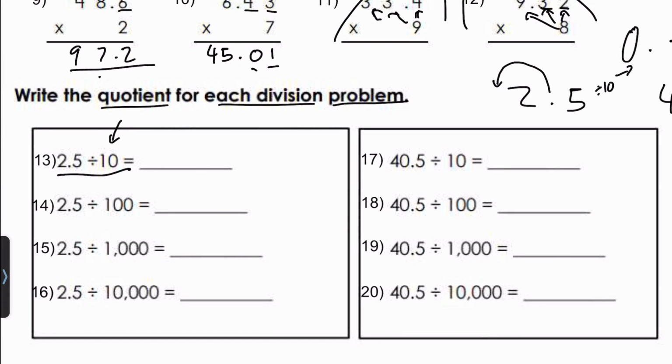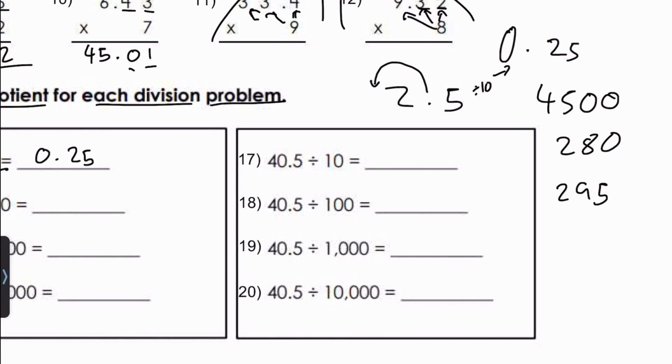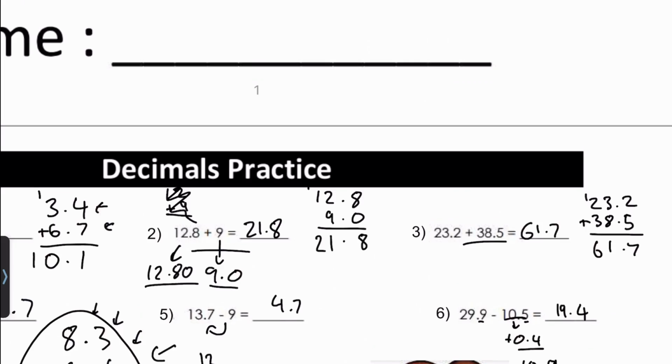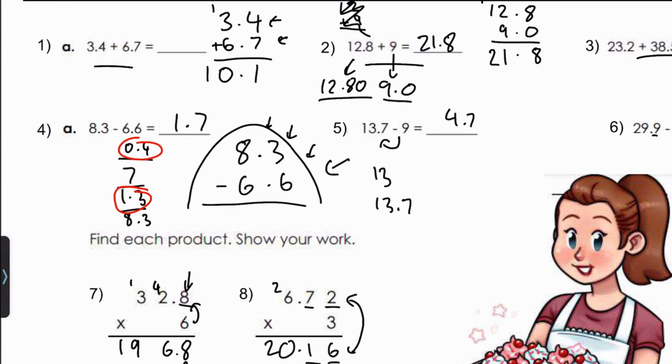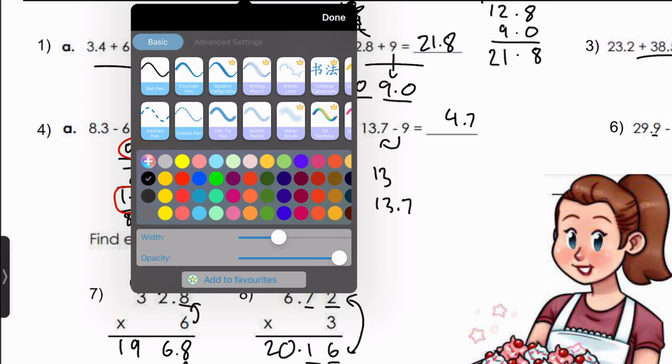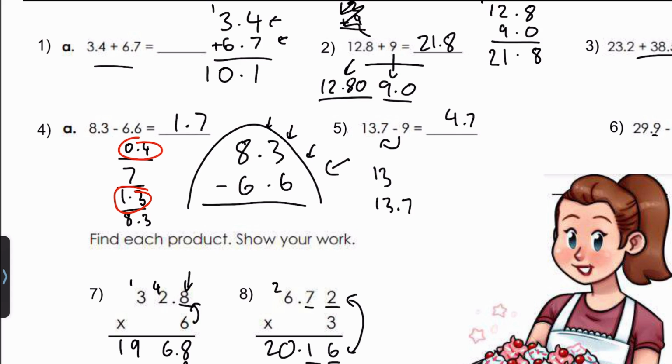Now, what's the answer to this going to be? Move it to the 0.25 as we just did. I'm just going to go through a few of these ones, like I showed above. Did I show it above? Yes, I did. If you remember, 9.0 is the same as 9.